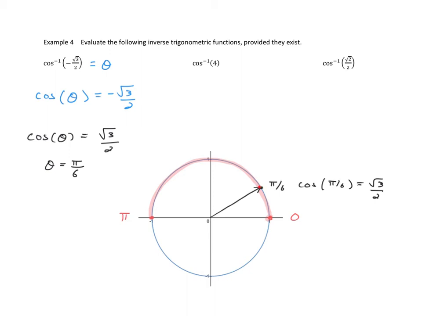I want the angle that is going to be over here. So I need to figure out, well, what angle is this? If I were in the second quadrant, I know this is pi. That's also 6 pi over 6. If I go backwards pi over 6, this is an angle of 5 pi over 6. Cosine of this angle will give me the negative of what we had here. And therefore, since this angle falls within this interval, my answer is 5 pi over 6.